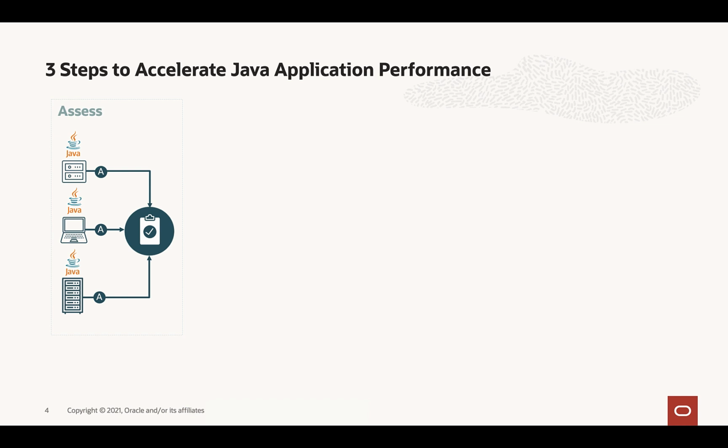Now, imagine the performance gains you'll realize by migrating to a current Java release, in this case Java 17, or the resources you'll save, or even more importantly, the improved customer experience you'll introduce by adopting modern Java technology. If you don't have insight into your Java environment, you won't have the data you need to accelerate your Java performance or to justify the move to newer releases.